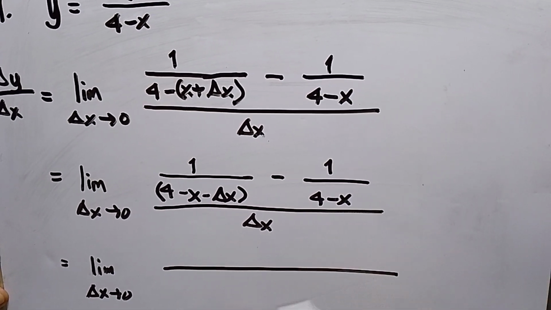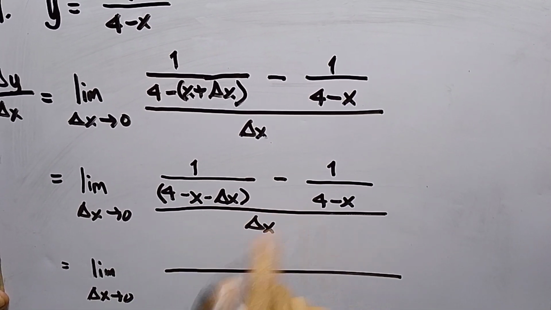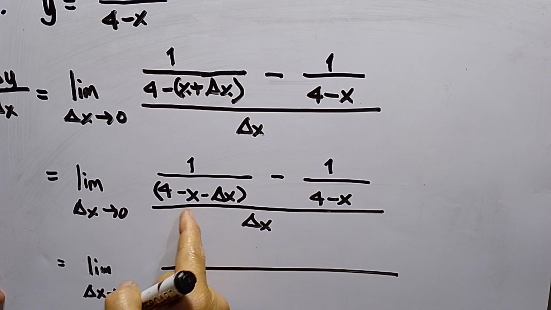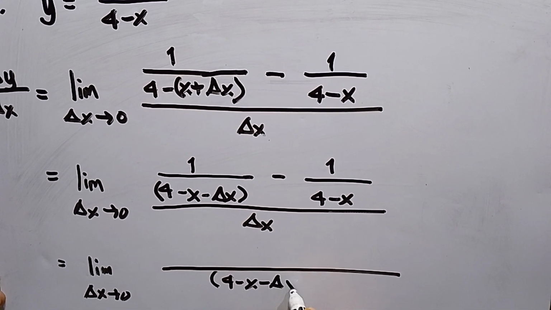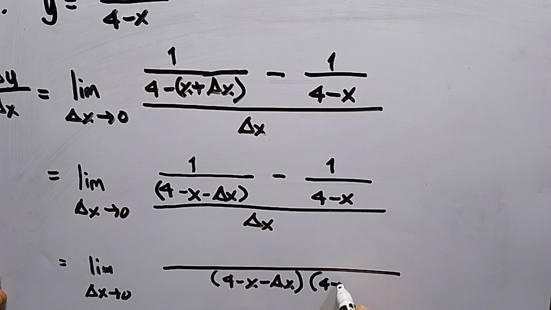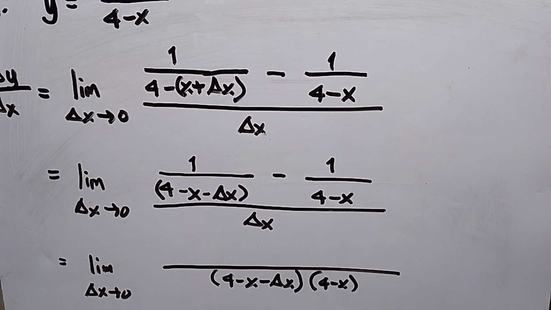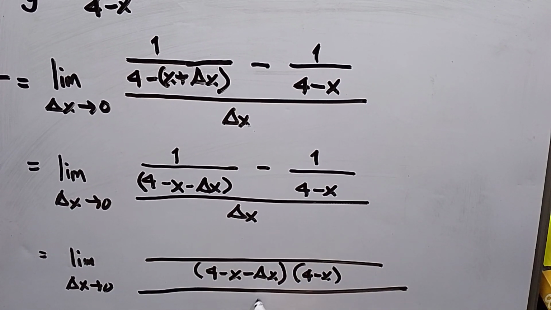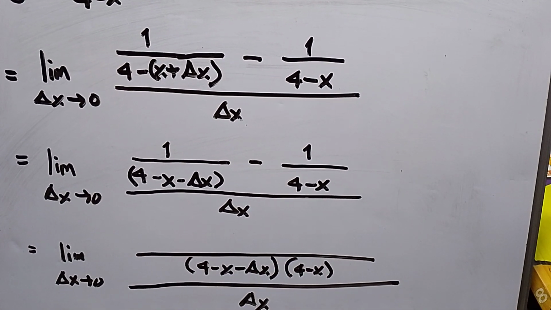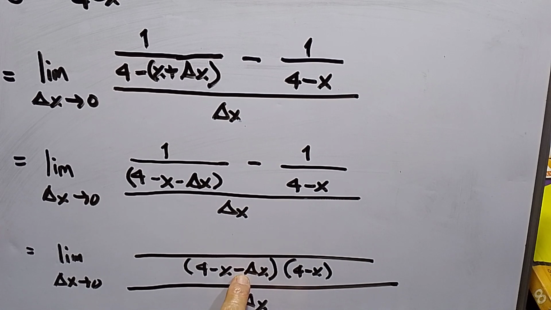So the LCD between these two will be 4 minus x minus delta x times 4 minus x, all over delta x. So this is now my LCD.